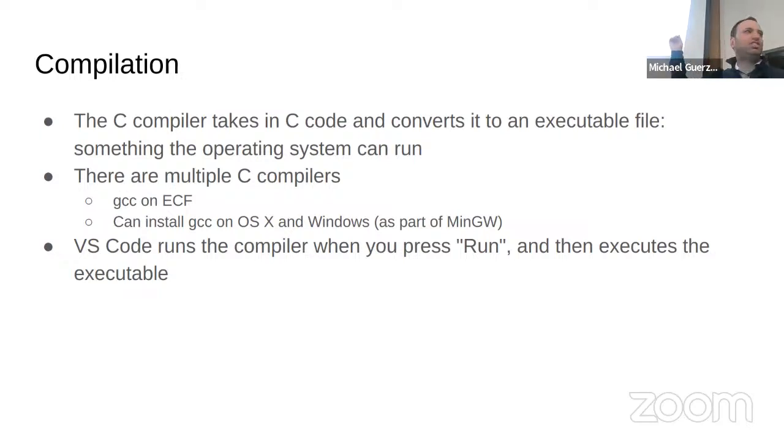But if you want GCC, you can install it, or you can remote connect to ECF and do the examples from today this way. So what VS Code does when you press the run button, the play button, is it compiles, gets the executable, and then it runs the executable. Behind the scenes, it's running this program called GCC.